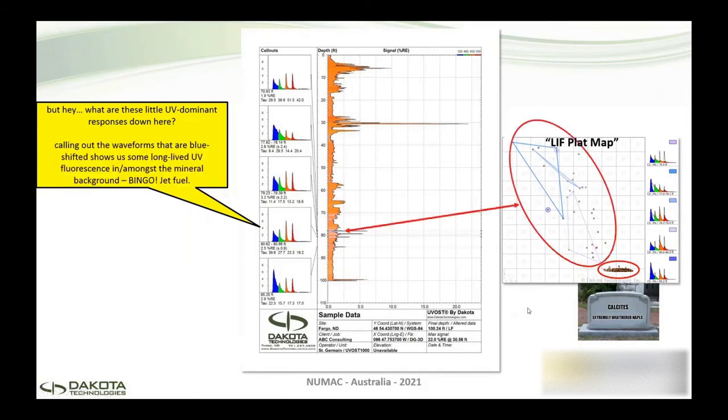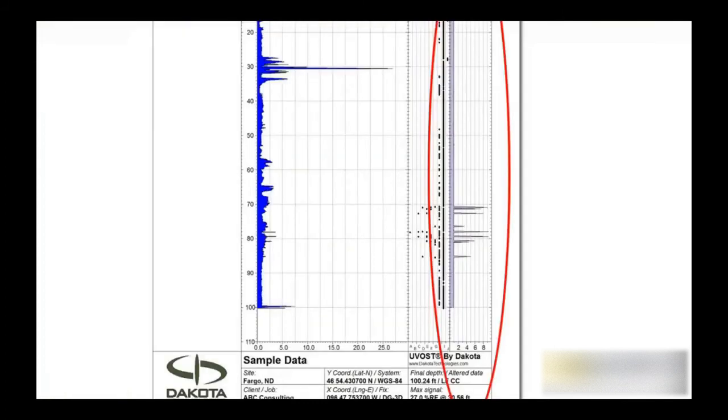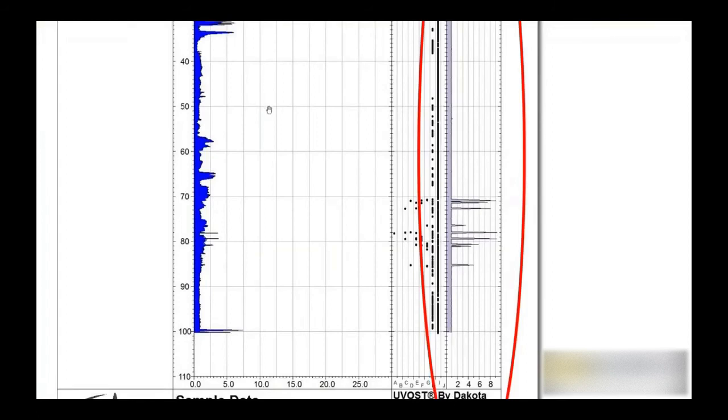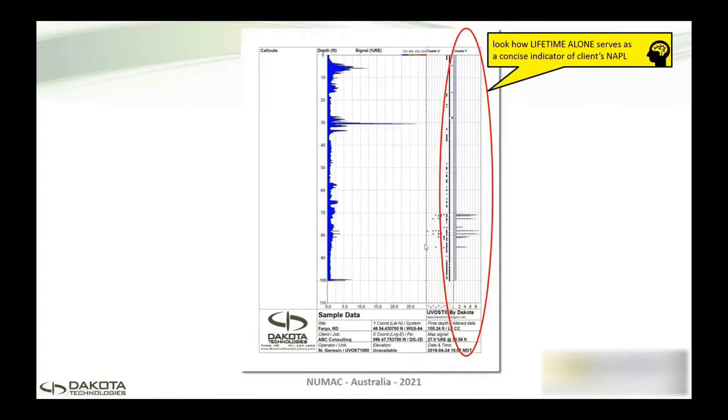Okay, so bingo, that allowed us to target very quickly and easily where intensity alone wouldn't give us the proper information. And in fact, now we're processing the data and we're plotting lifetime, for instance, all by itself, the average lifetime of the waveform. That alone tells you exactly where the kerosene is amidst all of this chaos of different types of fluorescence going on, different intensities.